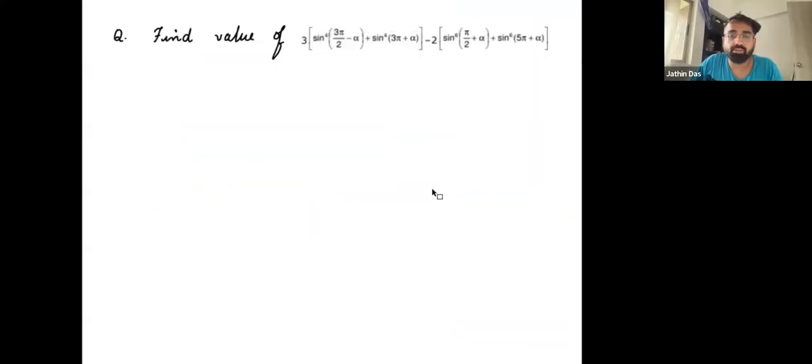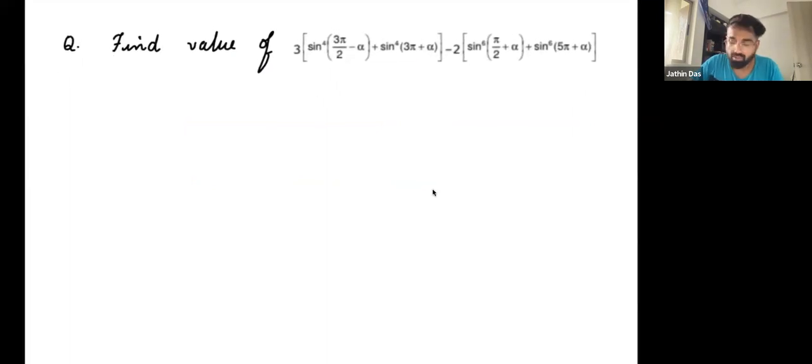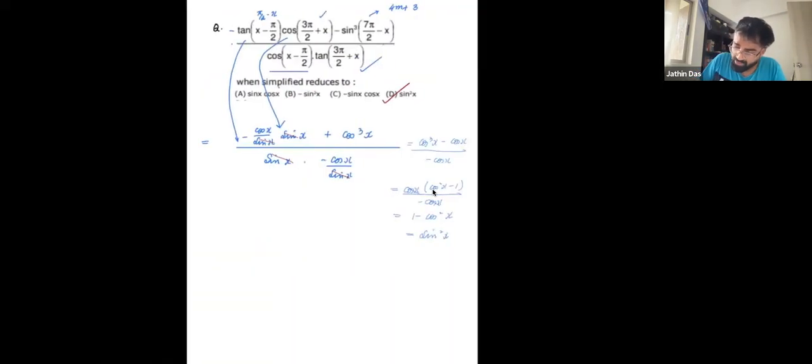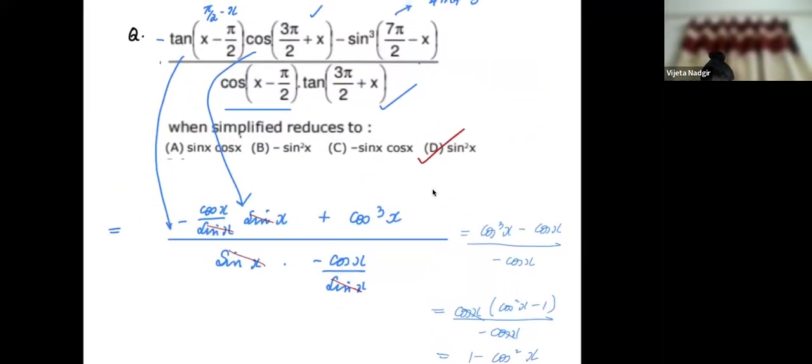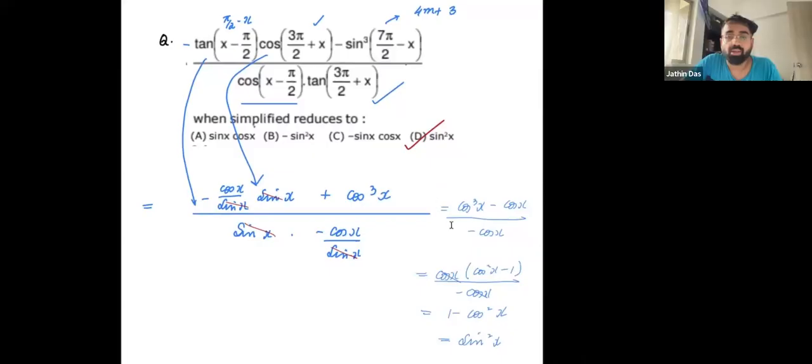Okay, try this. So I hope you can see it. Acha. You finished the other one? Which one? The previous one? This one. No, I was taking down that last part. Okay, okay.